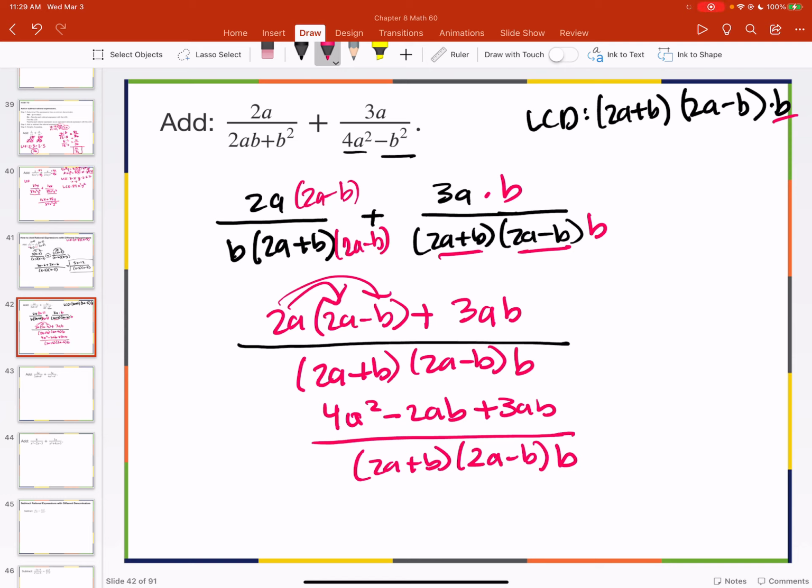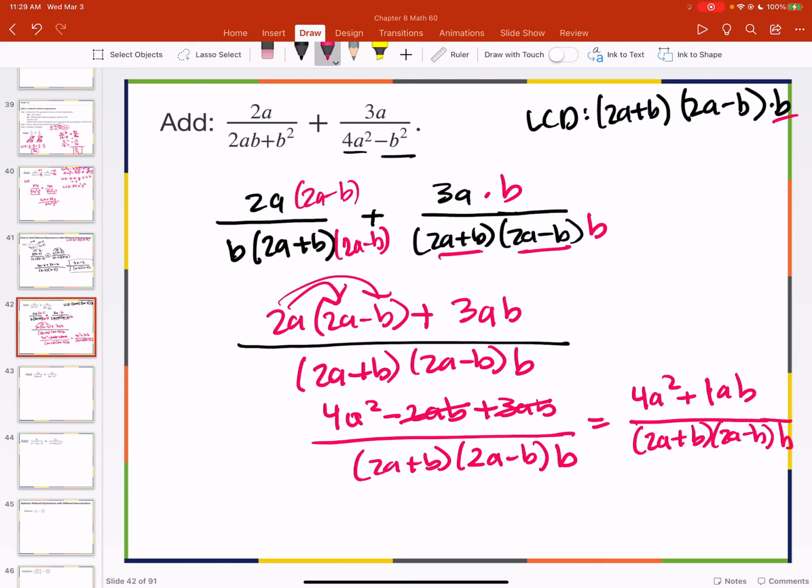So then let's combine like terms. This negative 2ab plus 3ab just becomes a regular 1ab. So it's 4a squared plus 1ab all over the LCD. Now, if we factor out an a, would that give us anything on the top?